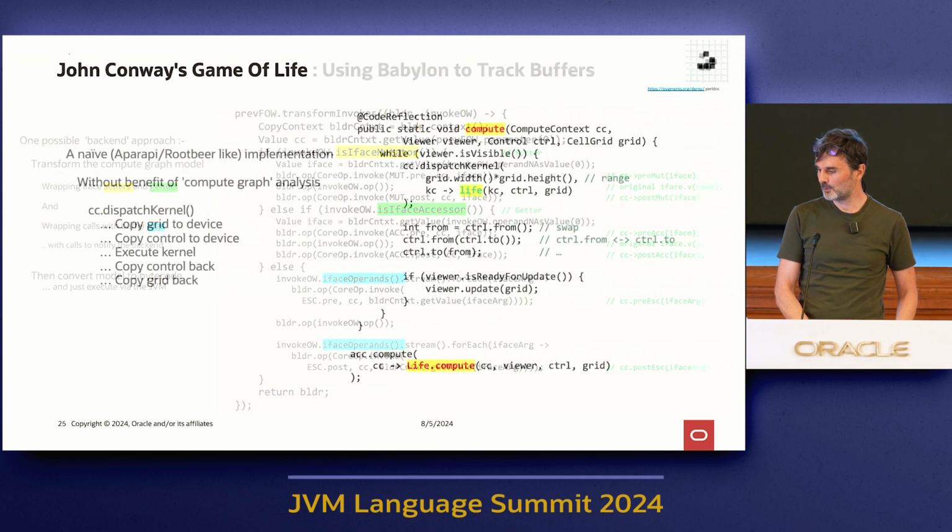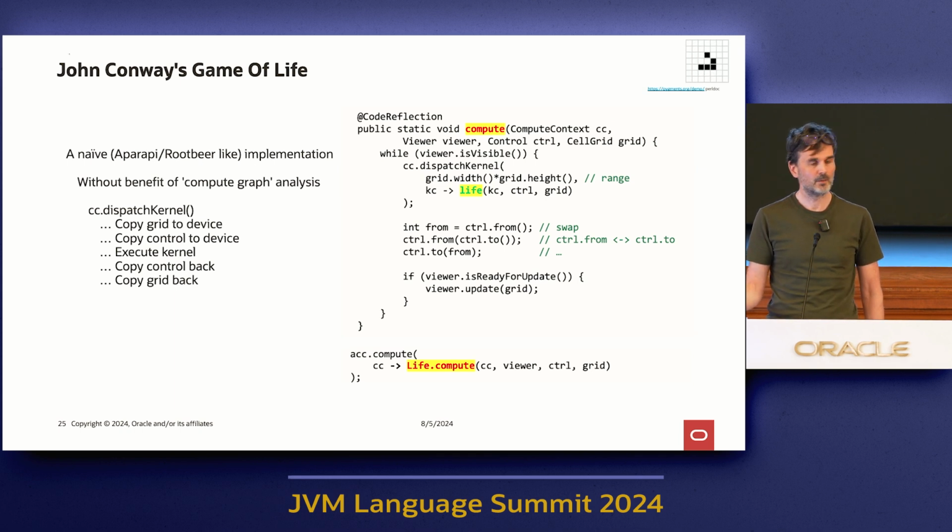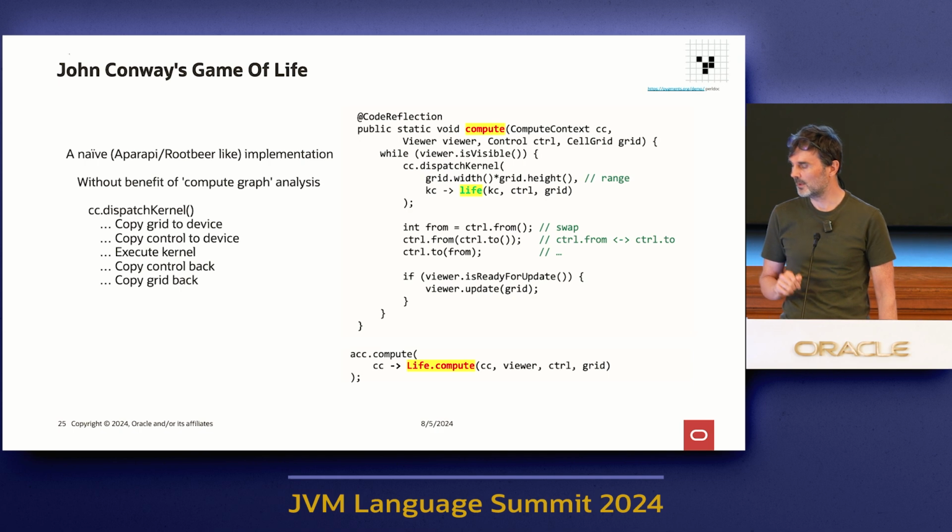So one approach we can do to the compute is to transform it. Because we can reflect over it, we can take the compute code and transform it, and inject tracing calls into this to track what's going on with the instances of control and instances of grid.